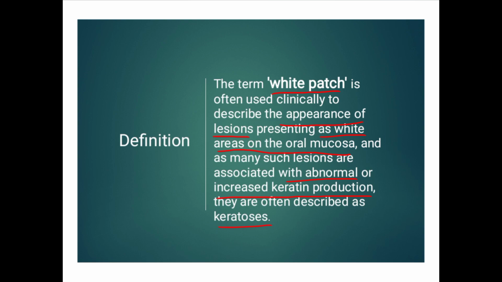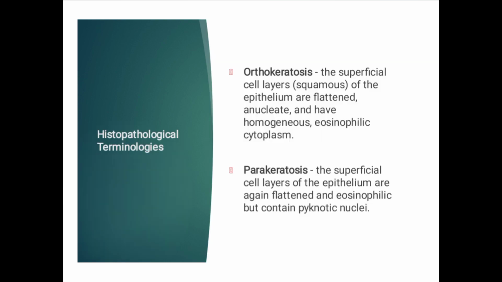So basically it is a white patch that clinically describes the appearance of a lesion, a white area on the oral mucosa associated with abnormal or increased keratin production. Now, moving towards some important histopathological terminologies. You have studied orthokeratosis.